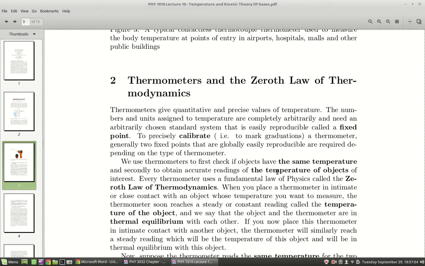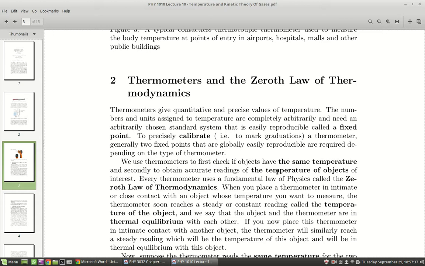For a thermometer to give you a precise value of temperature, you have to put markings on it. That process is what's known as calibration. You have to calibrate thermometers, and you have to use certain conditions which are known as fixed points.